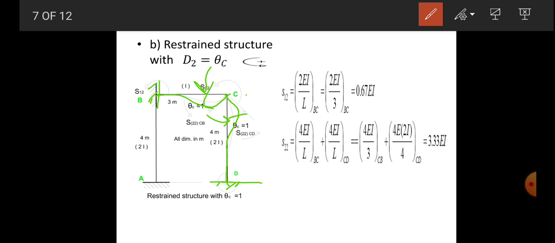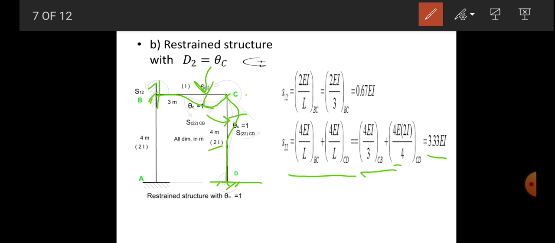It will create the moment which is 4EI by L for BC and for CD. Putting the properties of the members, 4EI by 3, where 3 is the length of beam BC, plus 4E into 2I, the moment of inertia of column CD, divided by the length of column CD, which is 4. It becomes 3.33 EI.